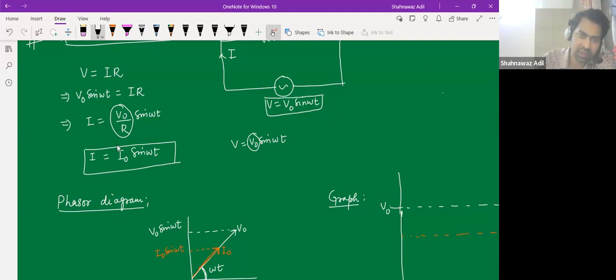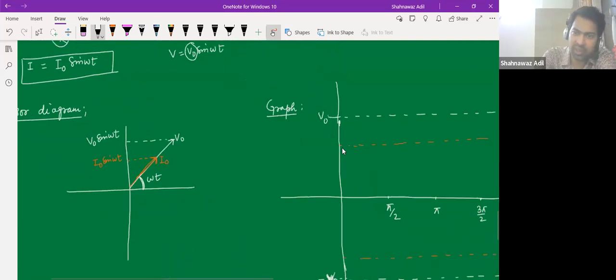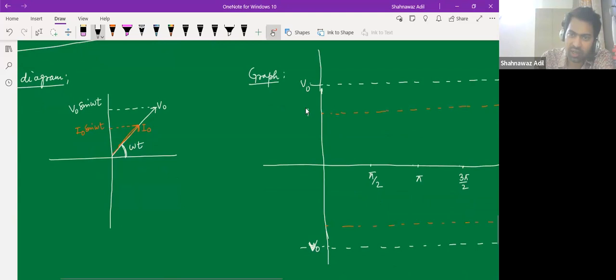Similarly, peak current would be I naught. So the maximum value of current would be I naught, and the minimum value would be minus I naught. Understood?